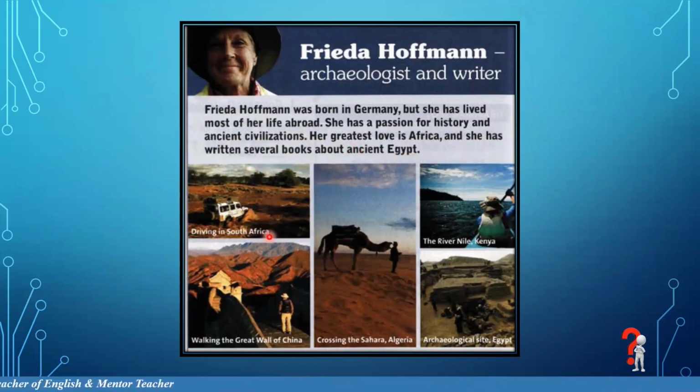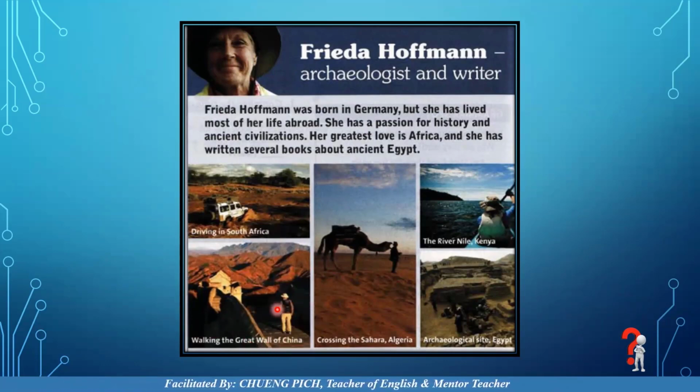Let's take a look at the places here. Start from this one. You can see the car here, driving in South Africa. She drove there. This one, walking the Great Wall of China. She went to China as well and walked the Great Wall.